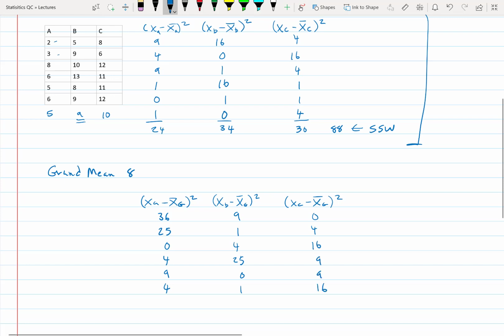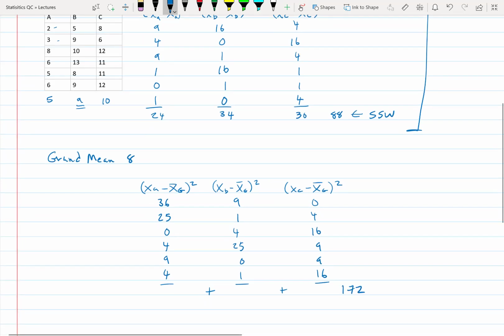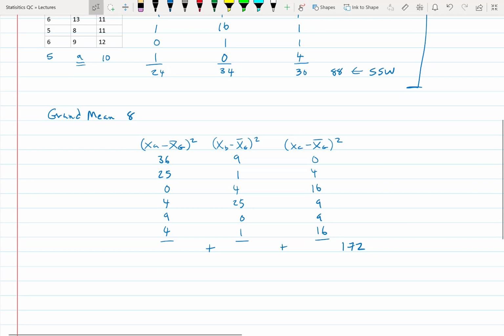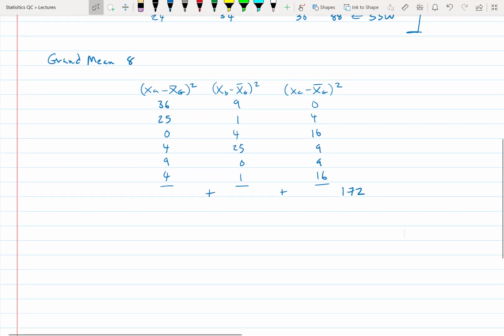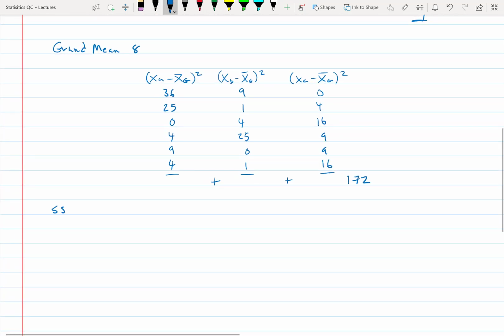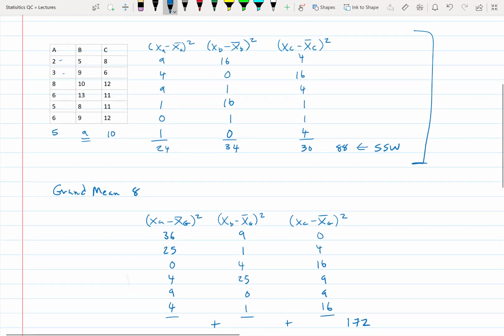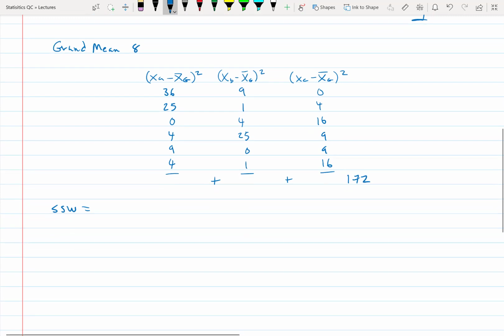All right, now we're going to add up each of these. And this is going to come out, after we add them all up, to 172. So our total sum of squares is 172. Let's recap where we're at. Sum of squares within equals, what was it? 88.